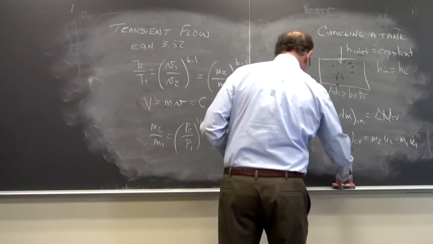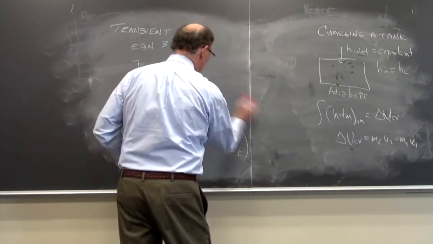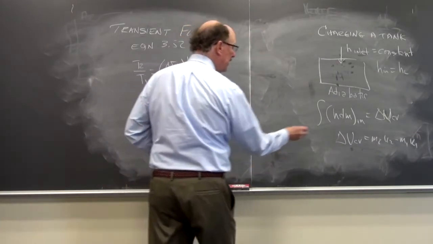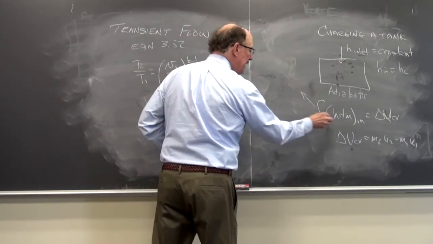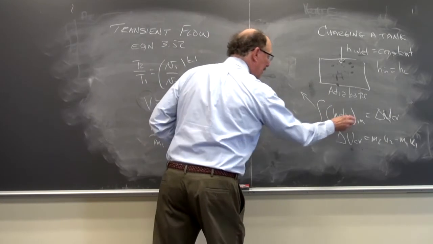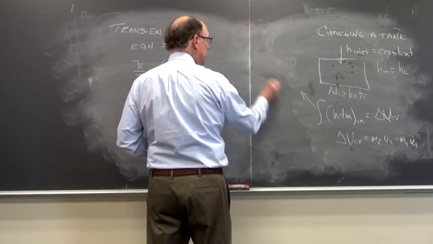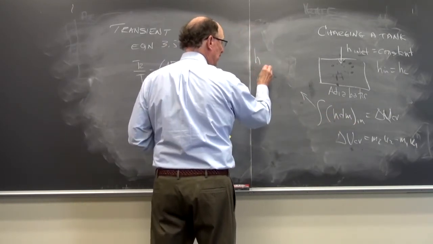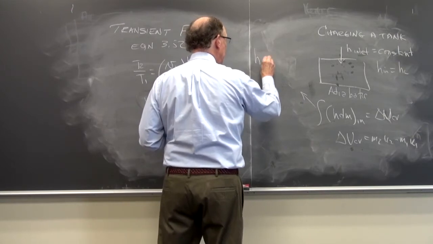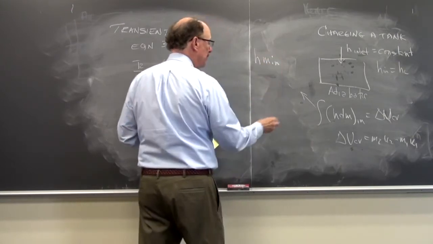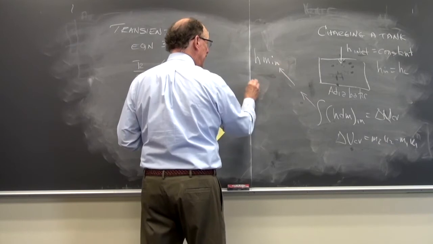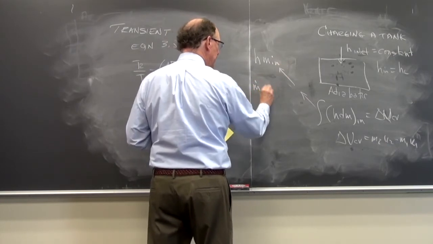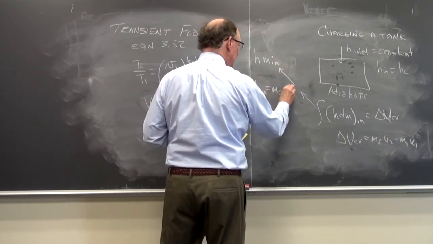So when I look at this term, the enthalpy stays constant, and this term becomes H times Mn, and Mn is equal to M2 minus M1.